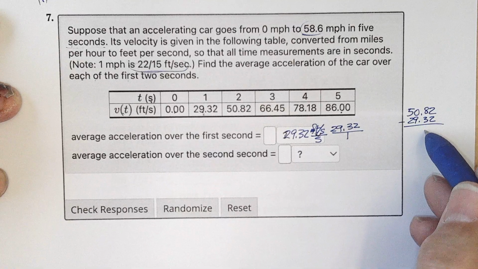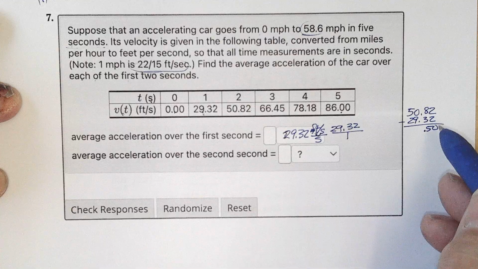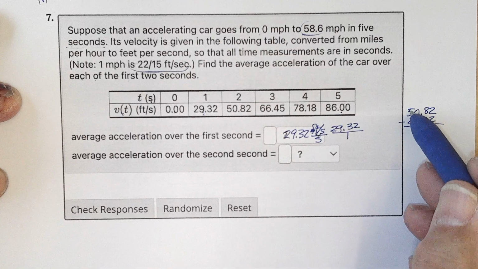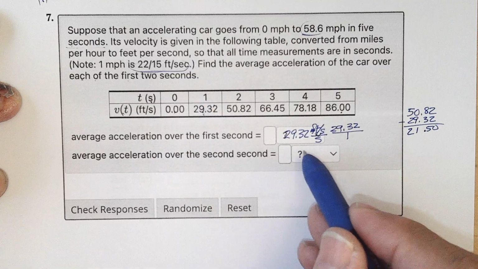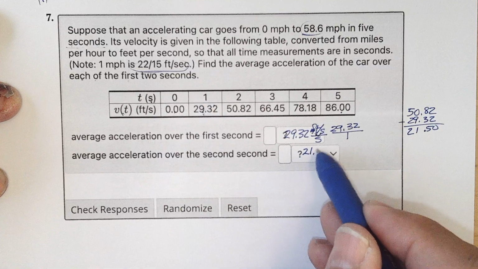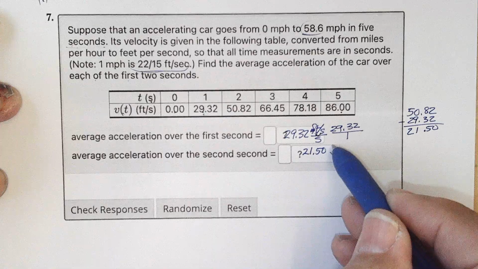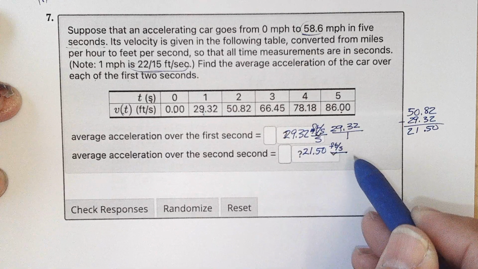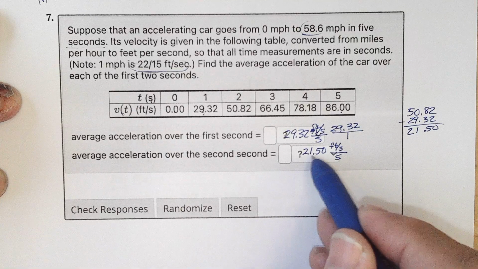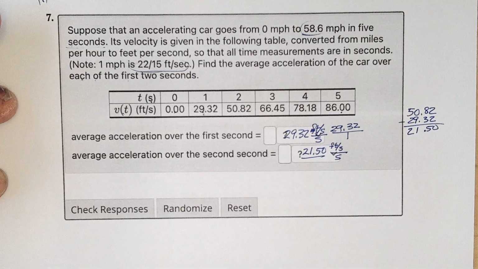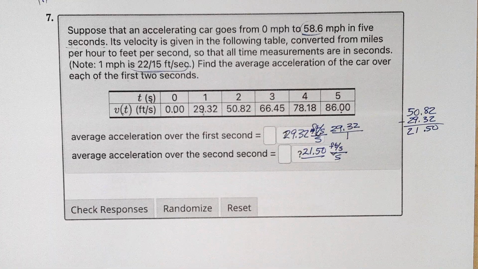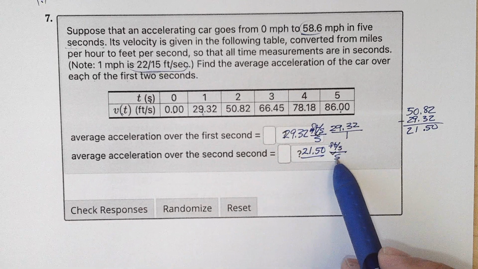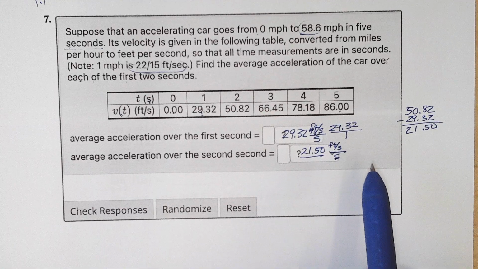This is 0.50, and 9 from 0 is 1, and 2 from 4 is 2. So it's 21.50 feet per second faster every second. And that's the acceleration. How much does the speed change per second?